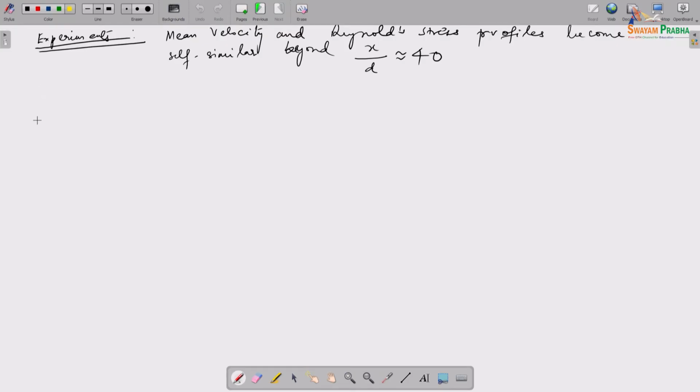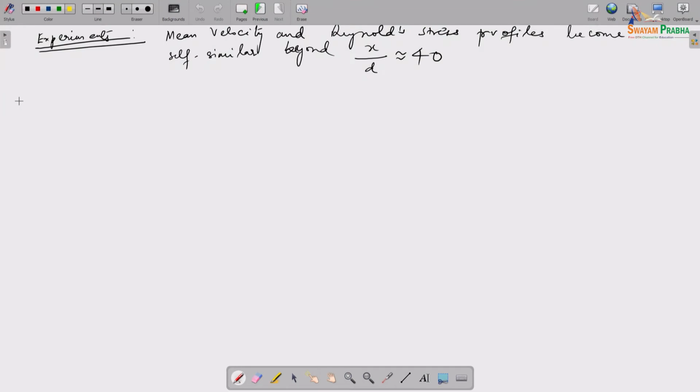Now the point is, we do have a round jet, and we will see how different the plane jet is. We saw those 2 plots.